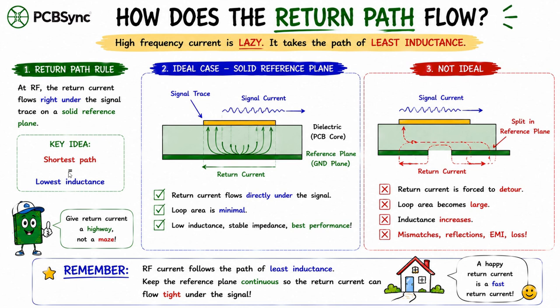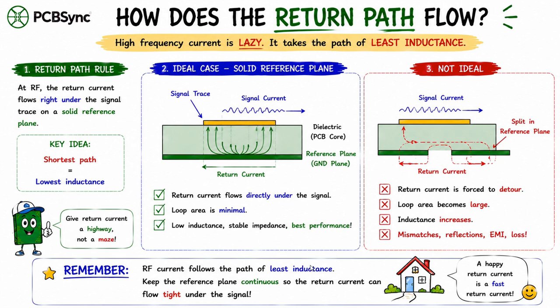No, especially not at high frequencies. It's actually really lazy. Just how lazy? It always takes the shortest, tightest, and easiest route. In engineering, this is called the minimum inductance path. It sounds pretty high tech, but it's actually easy to understand.